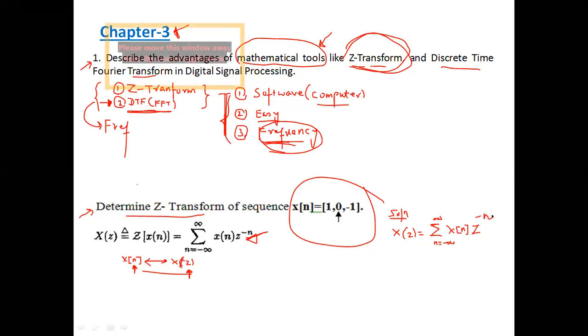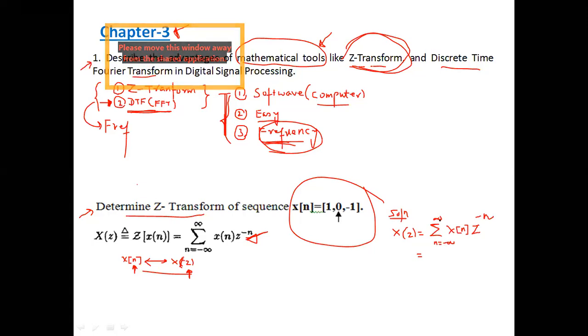This is the definition of Z transform. Okay, in your exam, please show the steps. I'm not giving marks for the final answer only. I will give marks for each of the steps.